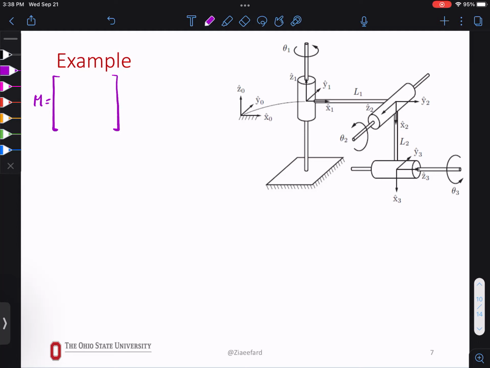I'm going to help you a little bit, then I'm going to fill in the blanks. There's going to be a rotation here, there's going to be P, and there is going to be 0, 0, 0, and 1.